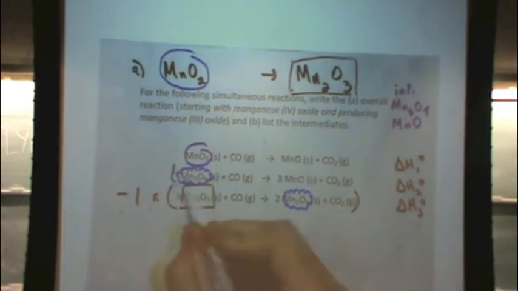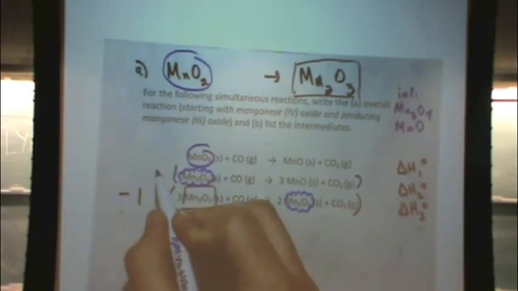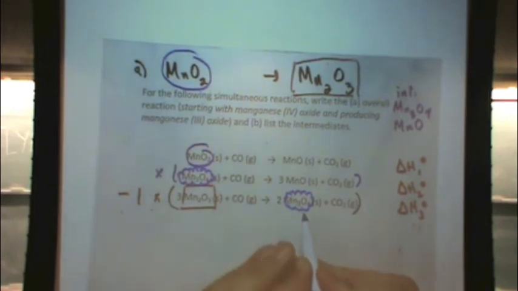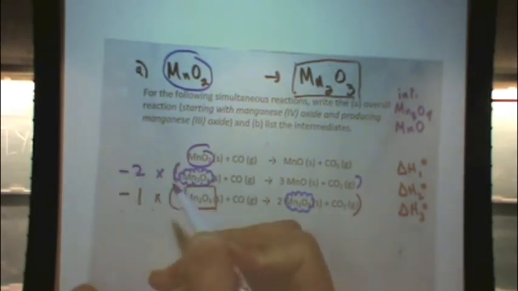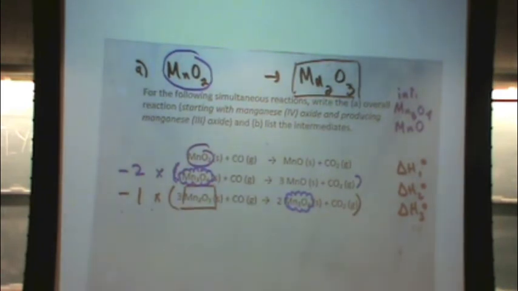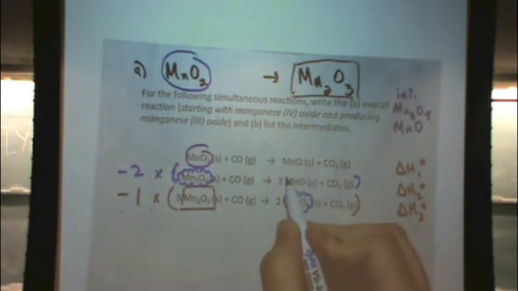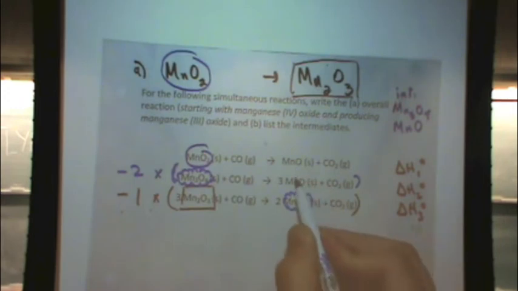I'll let you think for a second. It's not 2. Yeah, if there's -2 on one side of the arrow, I need to multiply by -2 right there. So there's -2 here, -2 there. Those two should cancel. All right. Now I want to work with the final intermediate, this one right here. I'm running out of shapes.